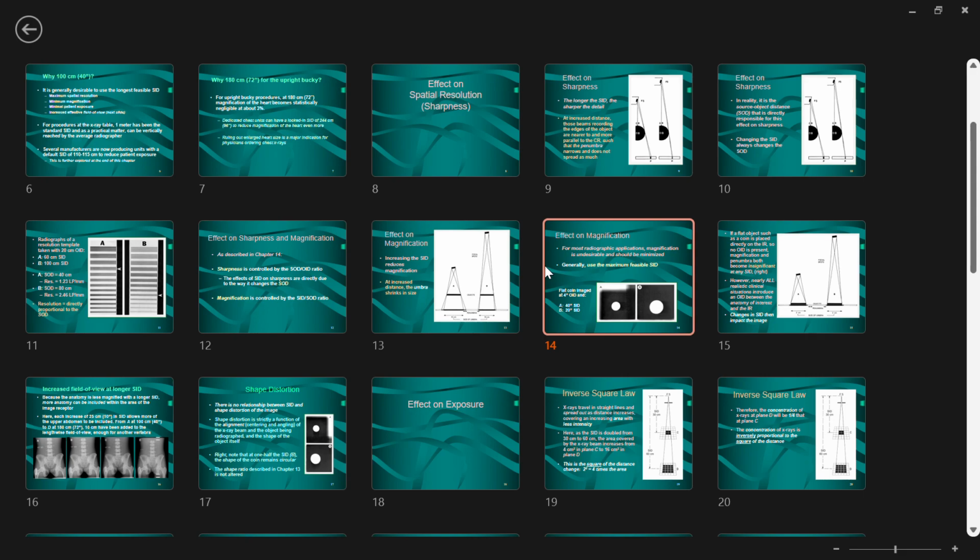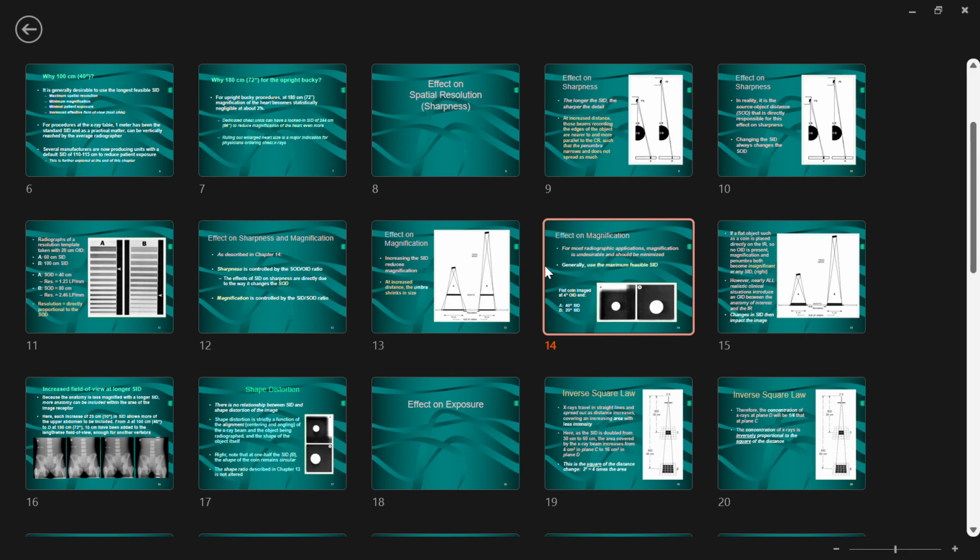So the edges will be less defined and less useful. You can trick yourself into saying it's got more detail because it looks bigger. So the optimal SID is at a distance, and then with digital, we have things that can enlarge the picture. Yeah, because we can just zoom in and adjust the image for the physician.